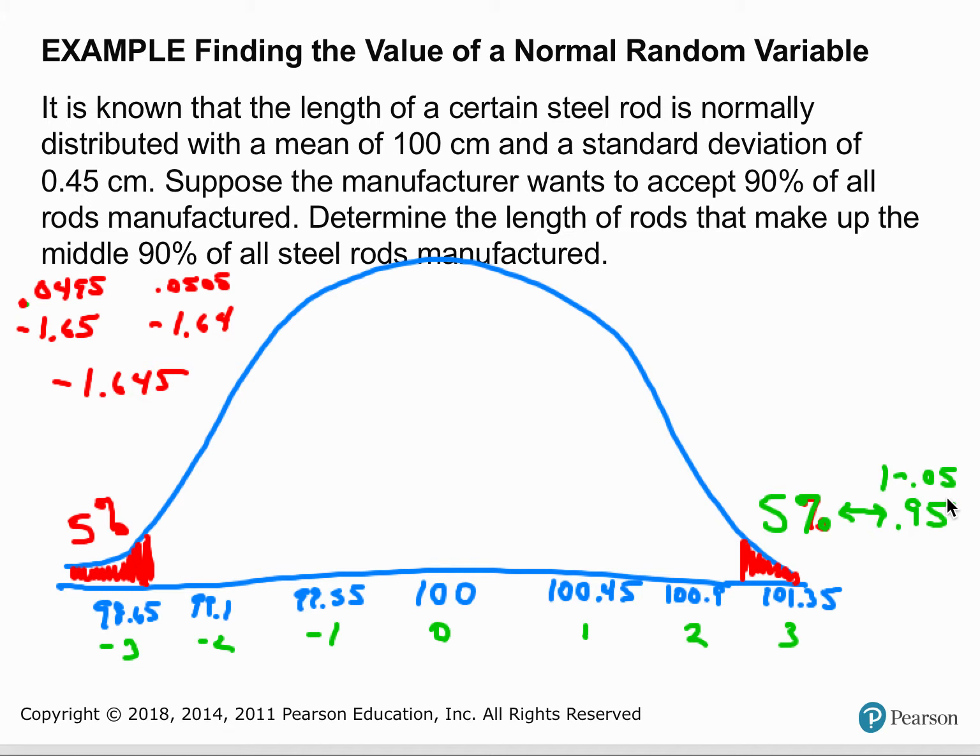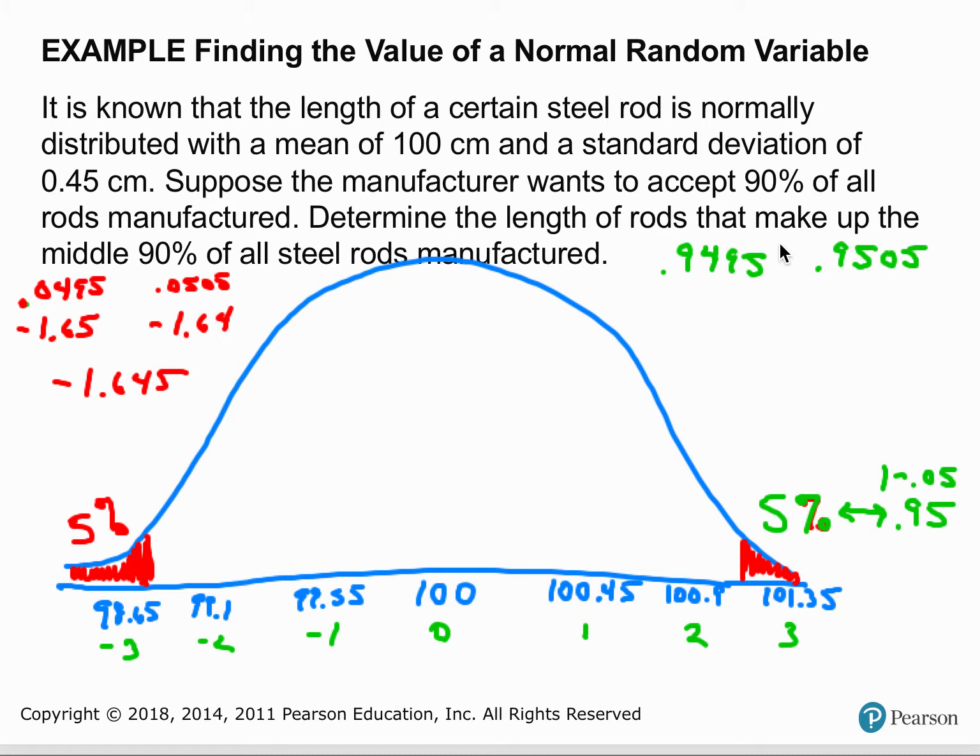When I look at 0.95 on my chart, I've got a 0.9495 and a 0.9505. Again, exactly halfway.